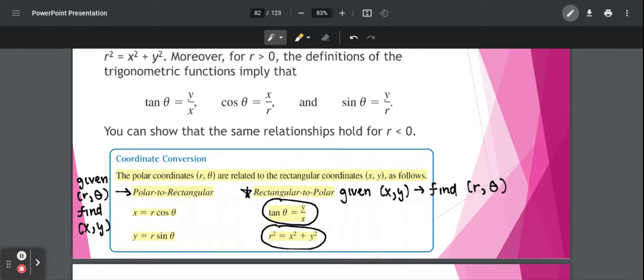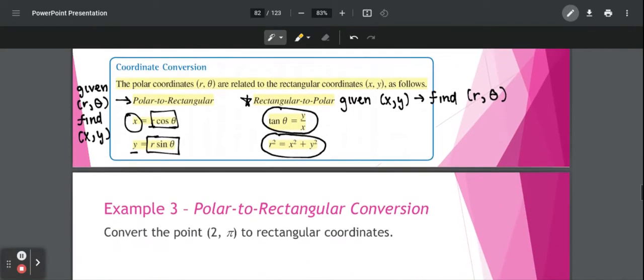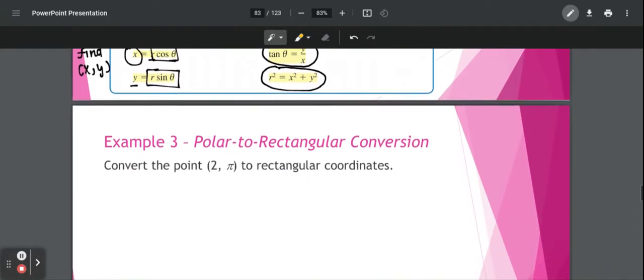Right, so if we're given r and theta, to find x, we'll do r cosine theta. To find y, we'll do r sine theta. And if you take a look at your formula sheet, you'll see that those equations are on there for you. So you don't need to memorize them, you just need to be able to use them.